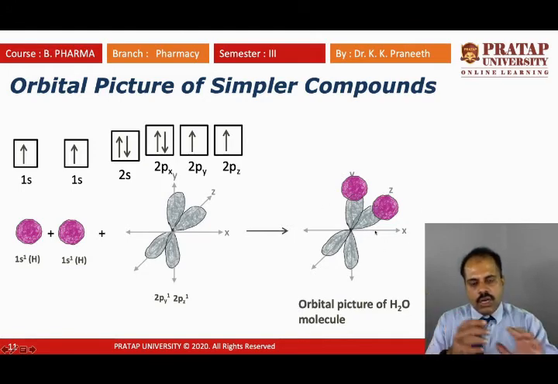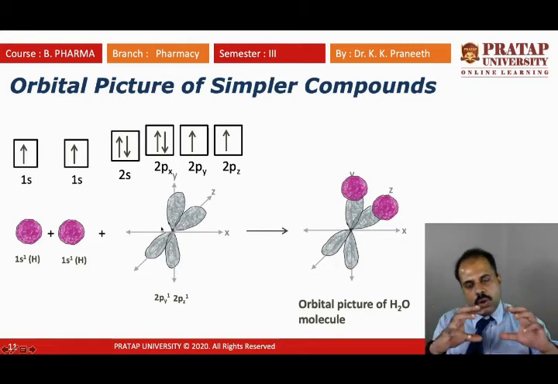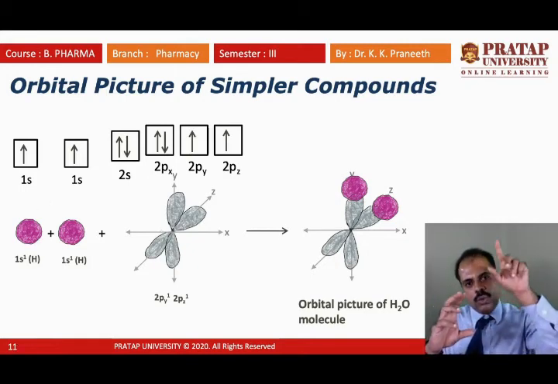Like this we can draw the orbital picture of all compounds. This is the 1s orbital of hydrogen, and we consider only the unpaired electrons of oxygen, because we need only 2 unpaired electrons to form 2 bonds with 2 hydrogens, right?